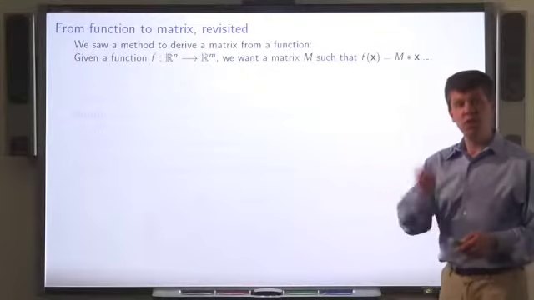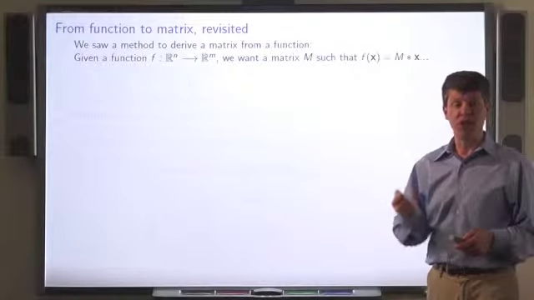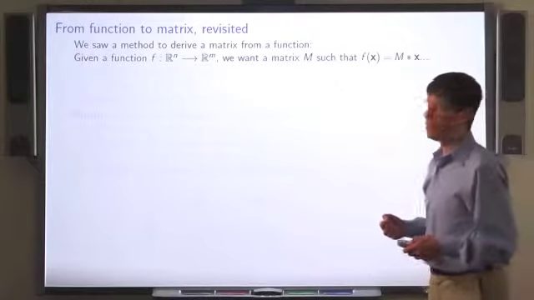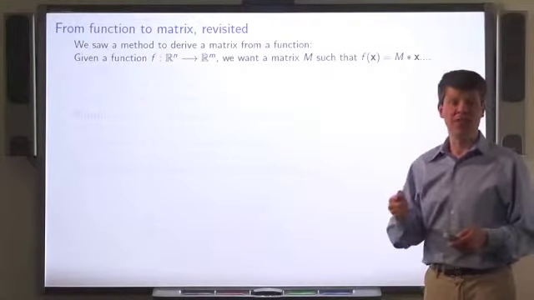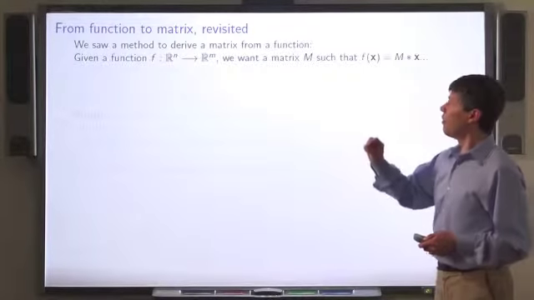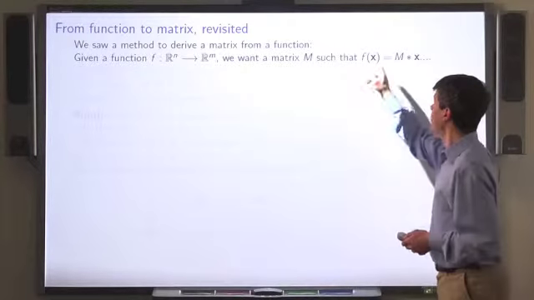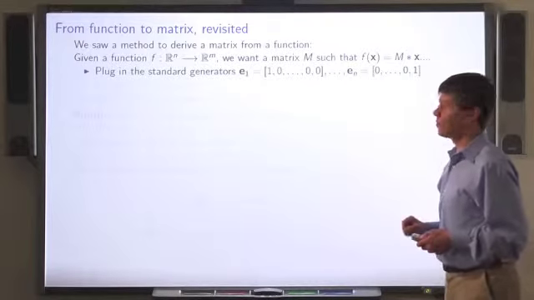In the examples, we showed how to derive a matrix from a function, assuming that the function could be defined by matrix vector multiplication. Now I'm going to show that that method is justified. So given a function from, say, Rn to Rm, we want a matrix M such that f of x equals M times x.